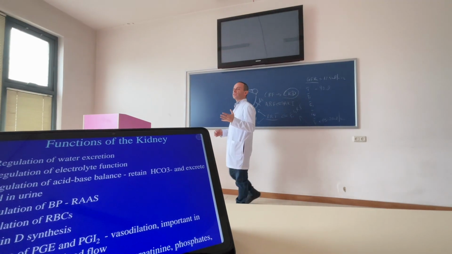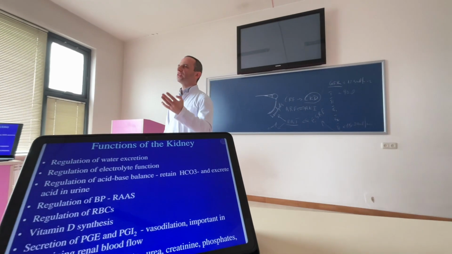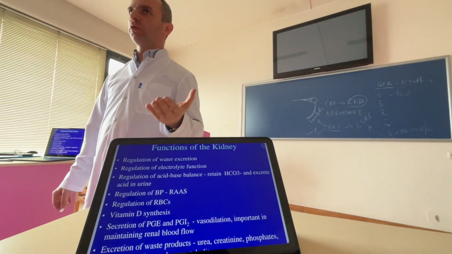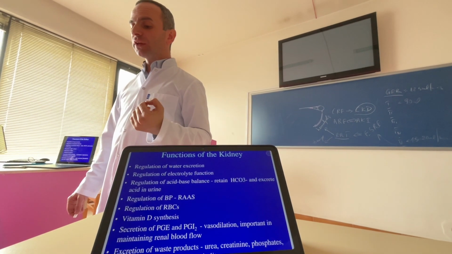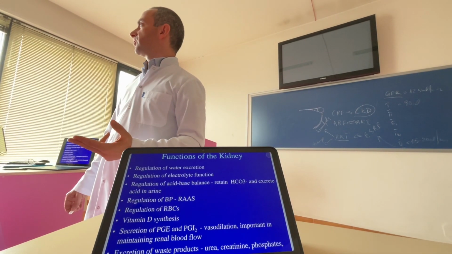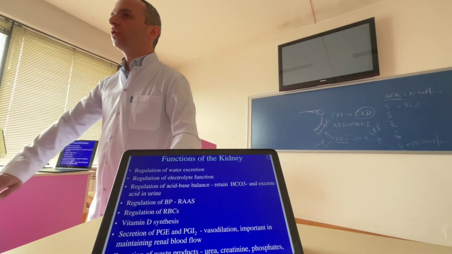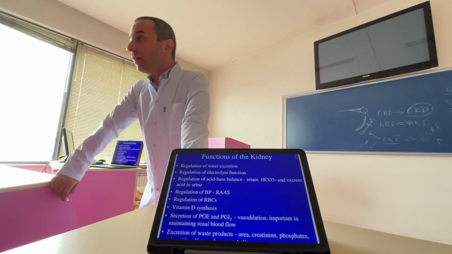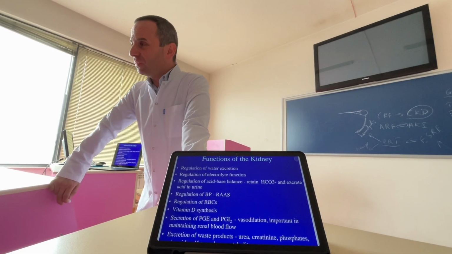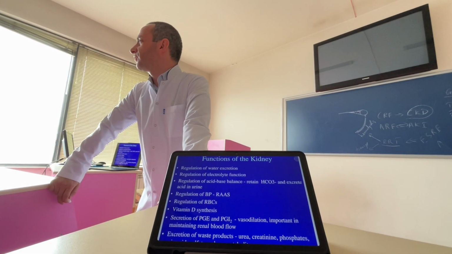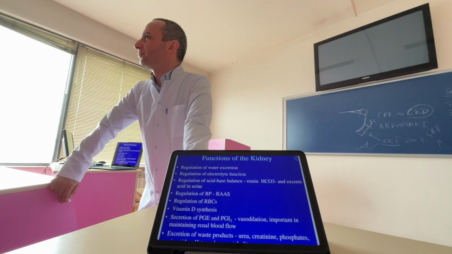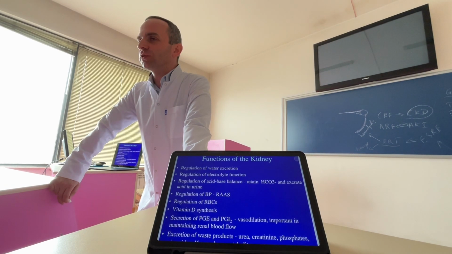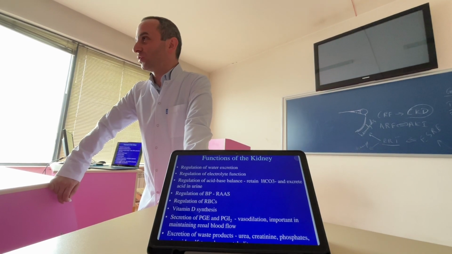One more interesting thing, the morphofunctional unit of the kidney is the nephron. Each kidney has 1 million nephrons. Now, the most important and tragic thing in this situation is that chronic kidney disease, CKD, becomes apparent when at least 50% of nephrons are dead. One of my students a few days ago said 1 million nephrons, yes.